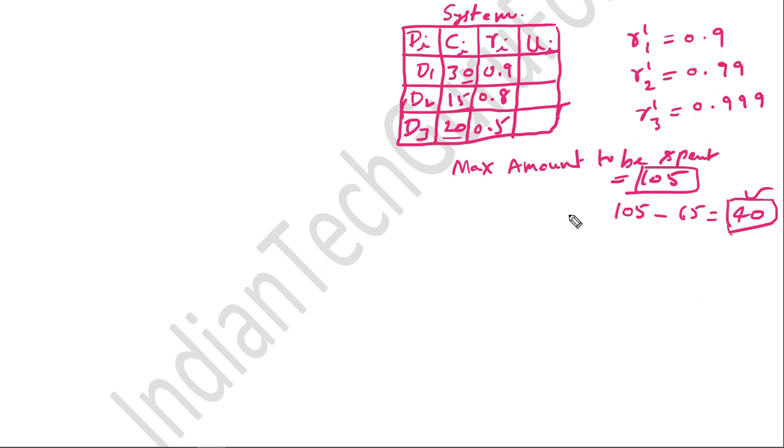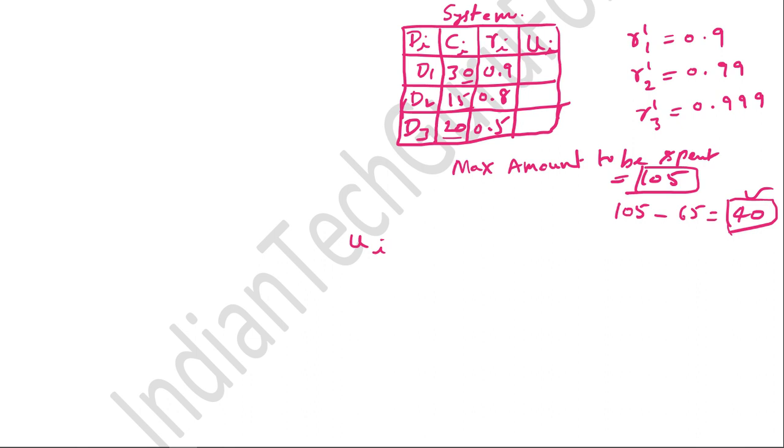So for that purpose, we need to calculate the U_i values. How do we calculate the U_i values? We can calculate them based on a formula.